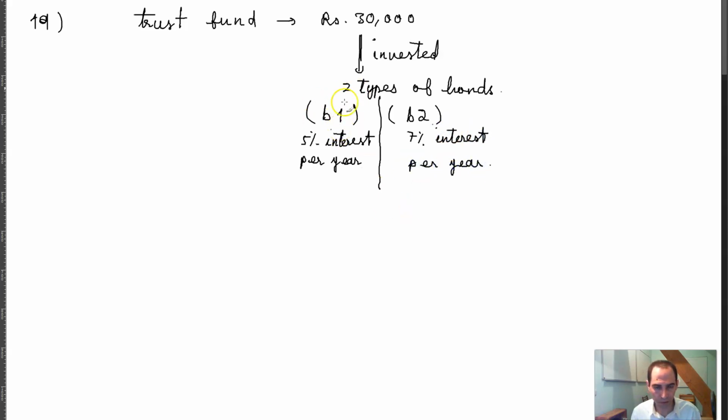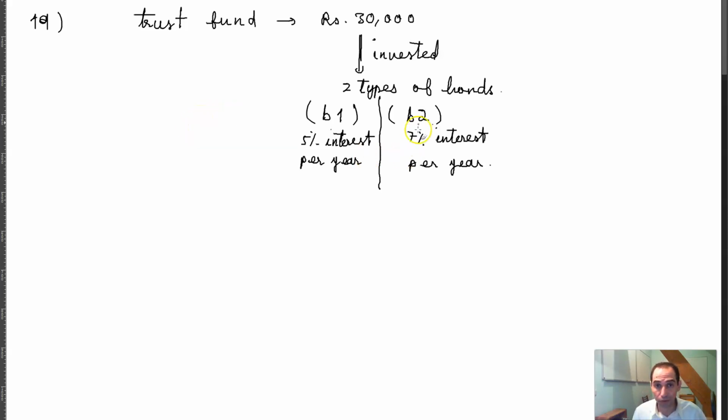Meaning that if you, for example, invest $100 in this bond, after a year you will have $105. If you invest $100 in this bond, after a year you will have $107. You will get that money back, of course, depending on the conditions of the bond and so on and so forth.